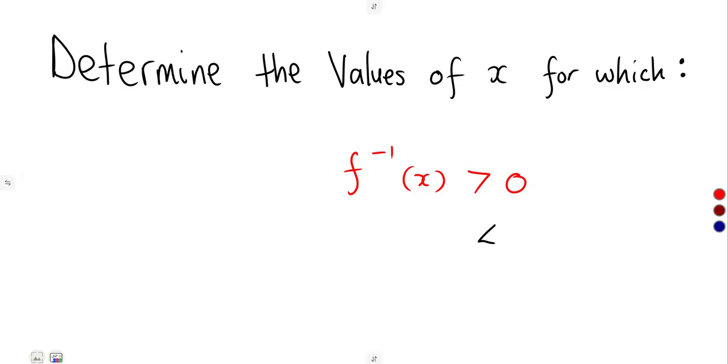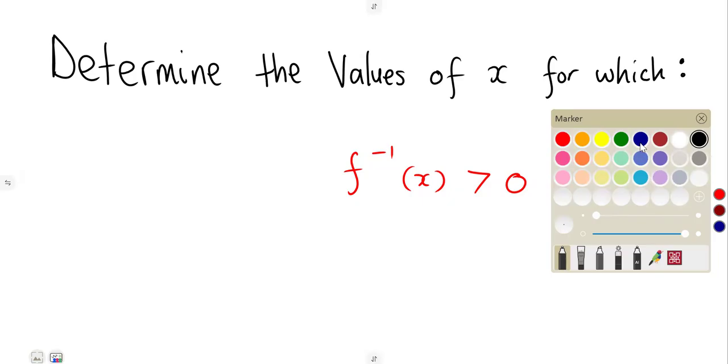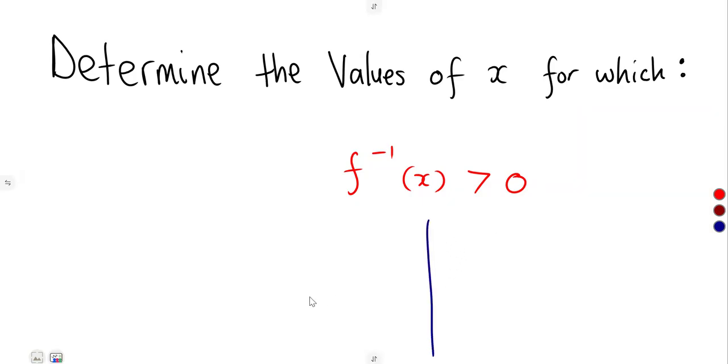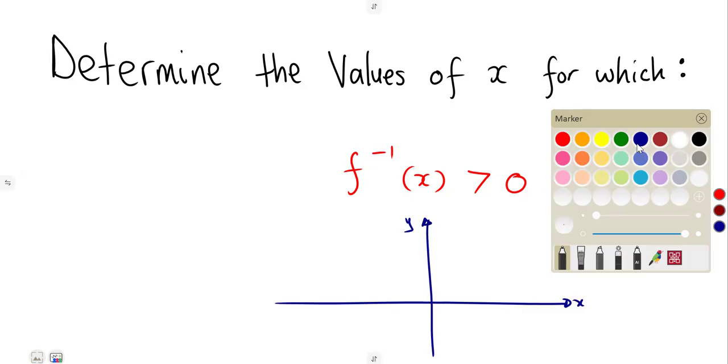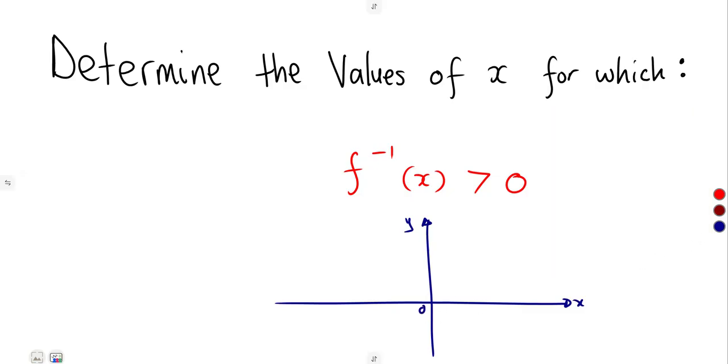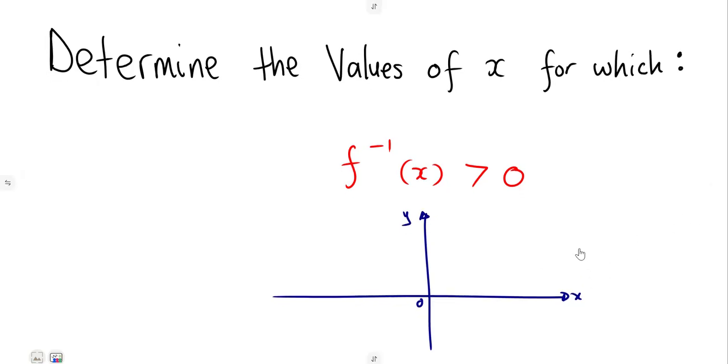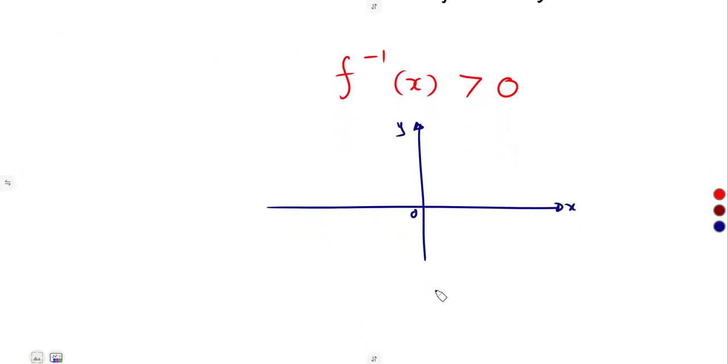So guys, we just need to understand this condition of the original function to the inverse. Remember, this is a condition that happens when the graph of f of x is reflected in the line y is equal to x.